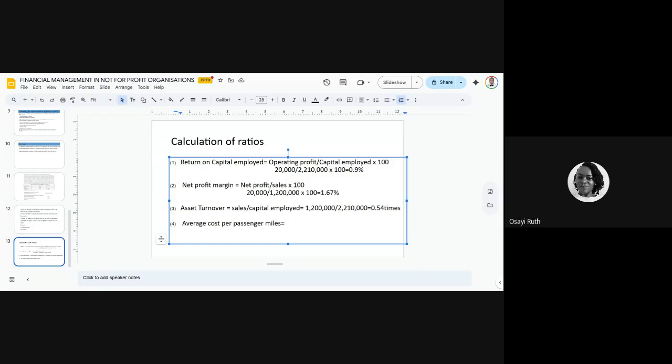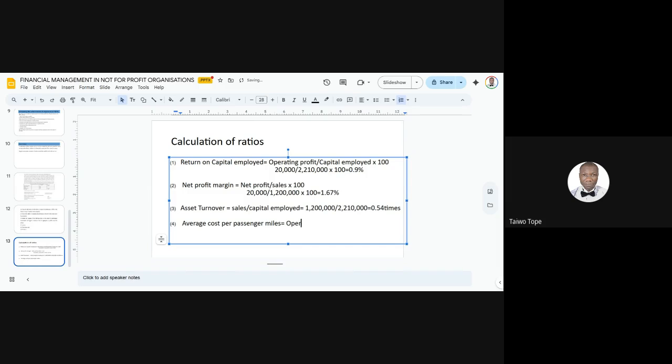Operating costs over passenger miles. Very good. Operating costs divided by passenger miles. That is the formula to get the average cost per passenger mile.